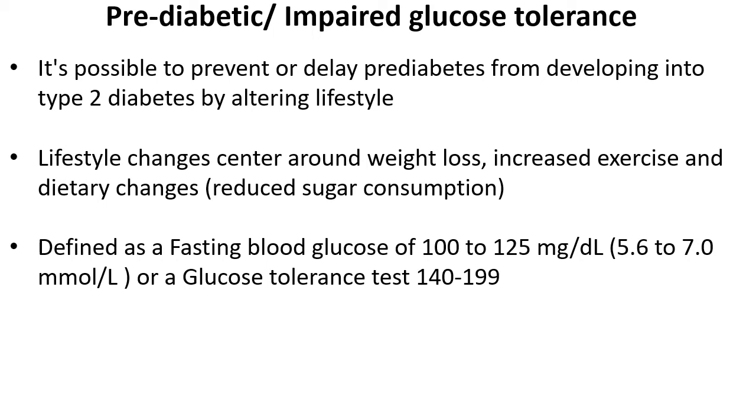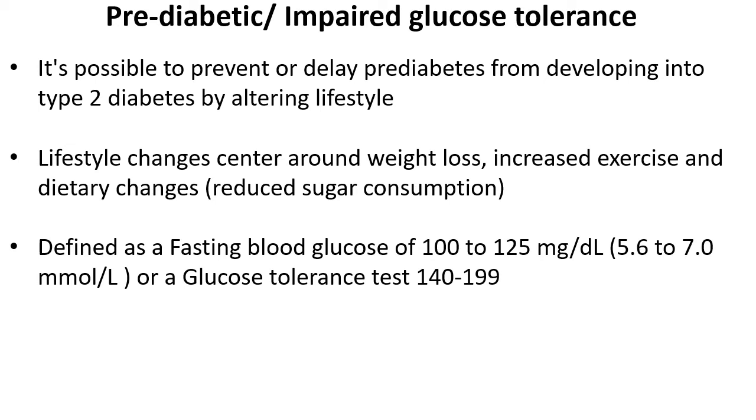You're not going to be pre-diabetic. You're not going to have impaired glucose tolerance. You're just going to be diabetic. Okay? What we're referring to here is the possibility of preventing or delaying type 2 diabetes by altering lifestyle.